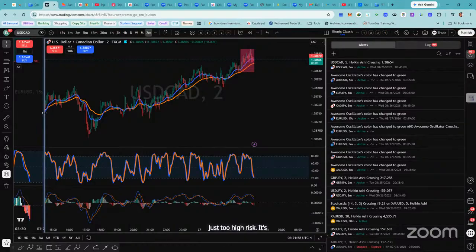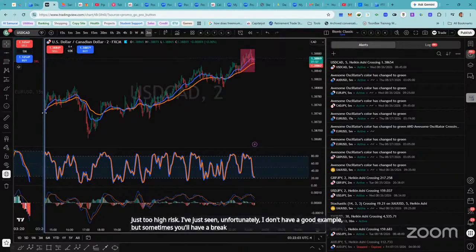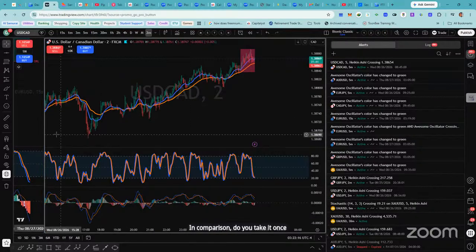Unfortunately, I don't have a good example, but sometimes you'll have a breakout, and it comes down and just slams all the way through the stop into the other direction. Admittedly, this would be something quite volatile in comparison, like a Bitcoin or a gold. Do you take it once and that's it?